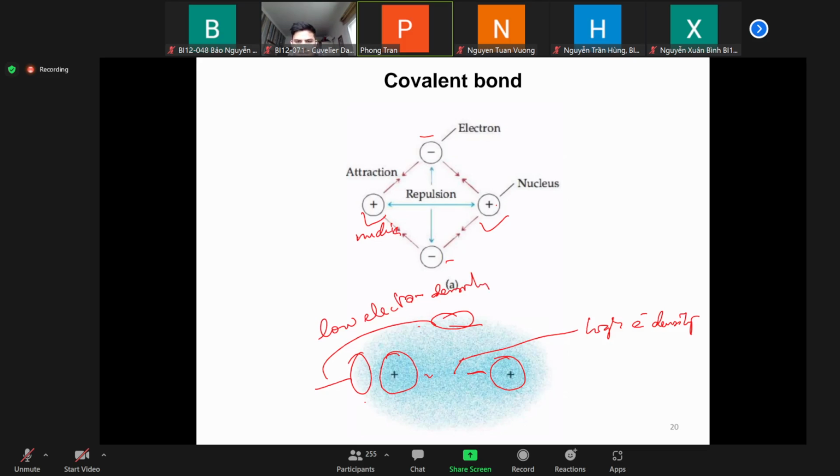So you can say that in the covalent bond, the electron density will be localized in between the 2 nuclei, with the highest probability to find electron in between the 2 nuclei.